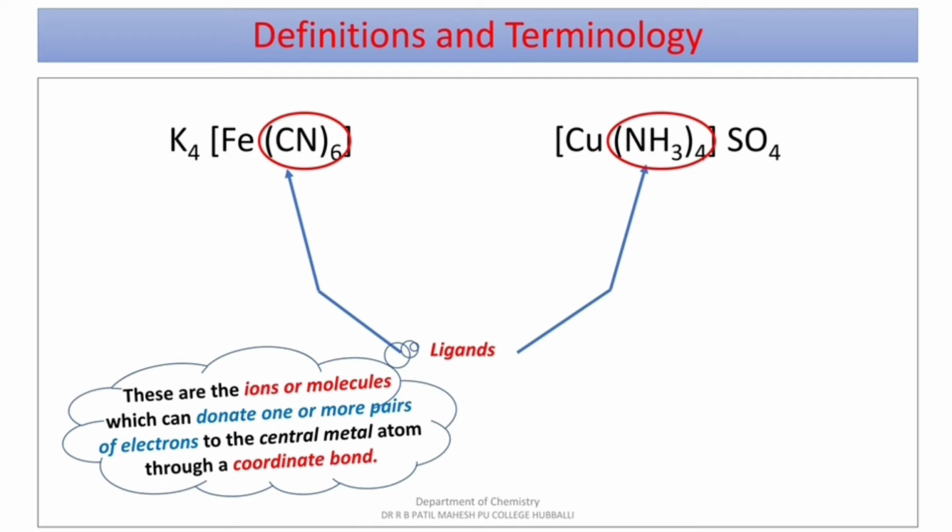The number 6 for CN and the number 4 for NH3 is known as the coordination number, which is the total number of such ligands present.